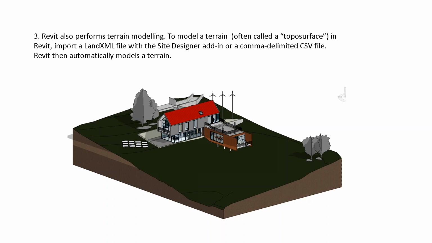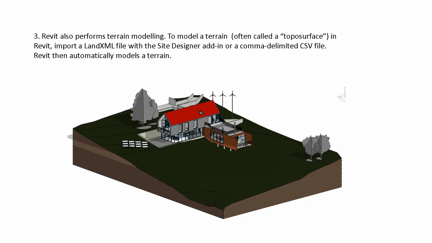formats. In terms of topo surface, sometimes it may look even more sophisticated than building, let's say, elements of the building, because you can also get it very automatically by, for example, importing a LandXML file. Okay, and you have a special tool in Revit which allows you to model this terrain in a relatively fast and, let's say, non-manual way.